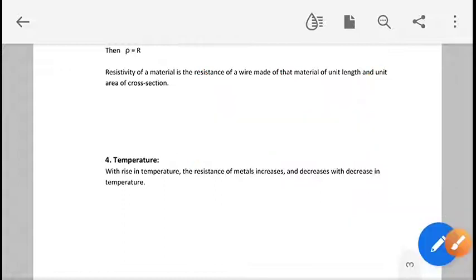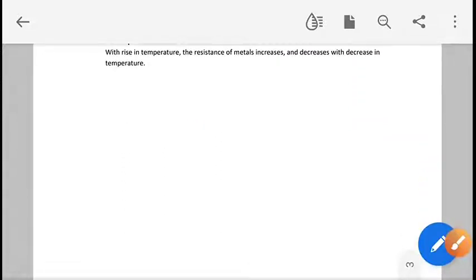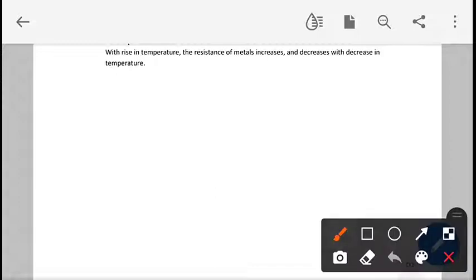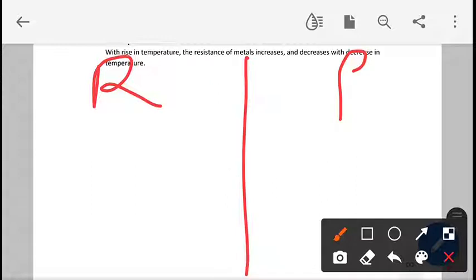So let's try to understand this rho, or R resistance, and this resistivity. There is a difference, try to understand it.